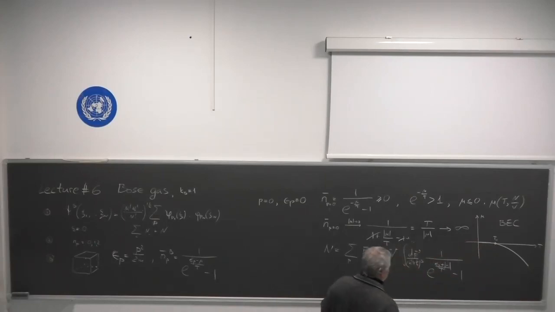However, we said... Excuse me, sir, there's a question. There's a question. Jonah. Hello, yes, sir, can you hear me? Yes, yes. So you talked about Bose-Einstein condensation, and what we just calculated is that the occupation number for zero momentum goes towards infinity.